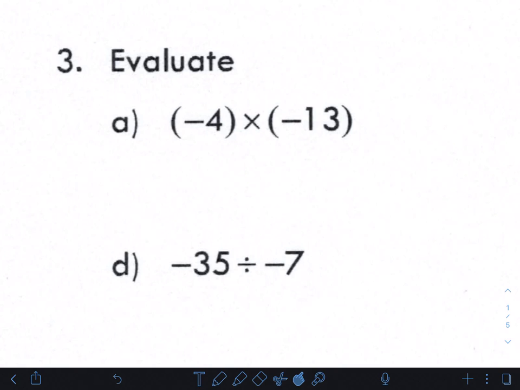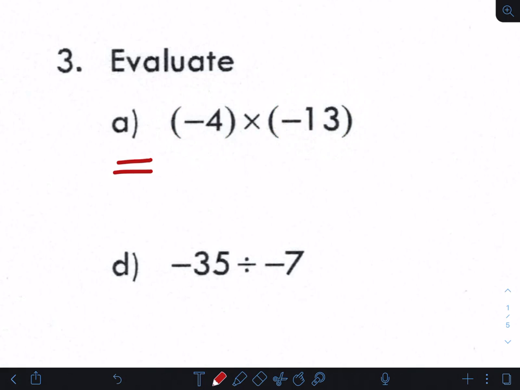Now we see in this question I have a negative and a negative. So I have two negative numbers, which means that the sign is the same. So if the sign is the same, then my answer is going to be positive.